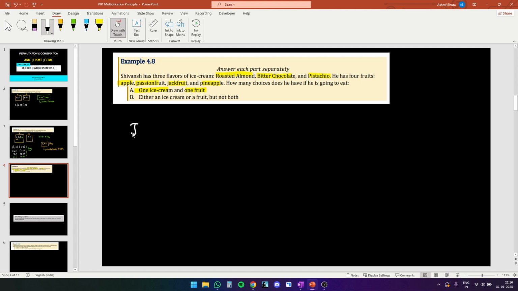So number of ice creams he has is 3, and number of fruits he has is 4. Now if he has to select one ice cream and one fruit, from ice creams he has 3 choices and from fruits he has 4 choices. So the total number of choices he will be having is 3 times 4, which is equal to 12 ways.